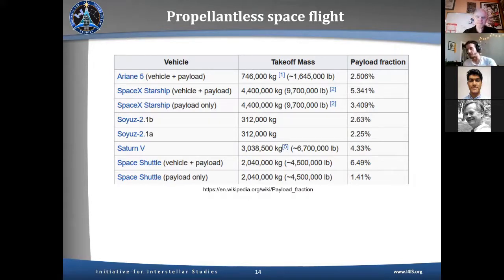So if we can come up with a device that allows us to perform propellantless propulsion, this would be a huge deal, because we could go much further with much smaller spacecraft, or we can use the mass for life support systems, radiation shielding, or just for more payload. So this would be a huge deal if it actually works out.